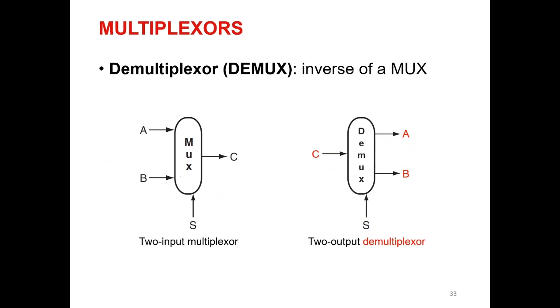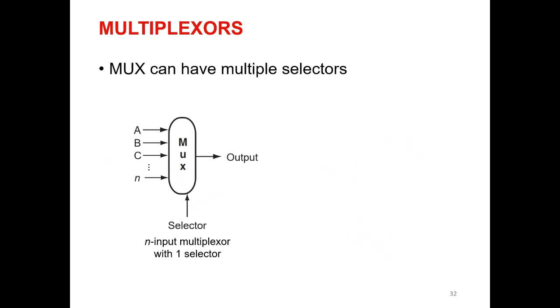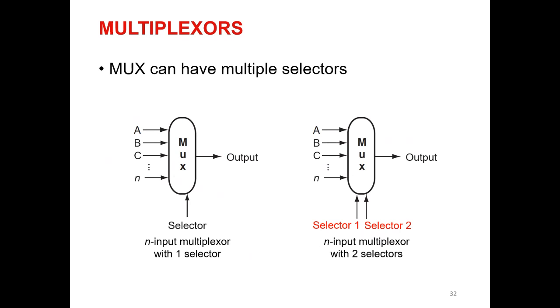Another question on multiplexors. Someone is asking, for selecting between multiple inputs in the multiplexor, do we use multiple selectors or a multi-bit selector? Here what we are using is an n-input multiplexor with 2 selectors. This means we have n inputs and 2 selectors.